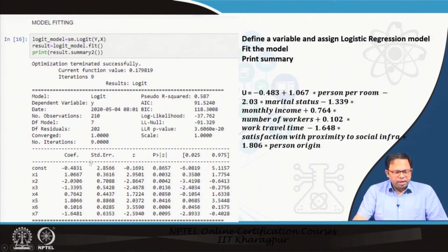From here again we can interpret the results, and here also the log likelihood and all the other values are given. So utility is equal to minus 0.483, this is the constant, plus 1.067 into percent per room, this one x1. In the same way that we develop the utility equation from the SPSS results, we can also develop the utility equation from this output of the Python program.